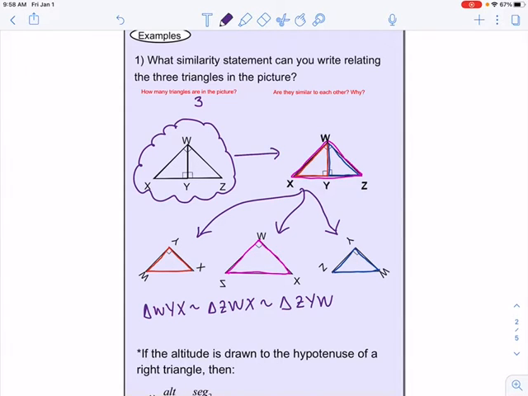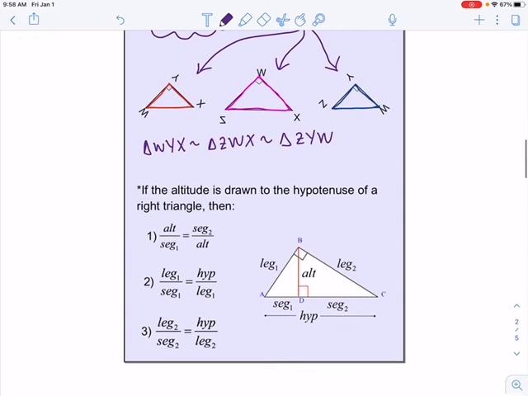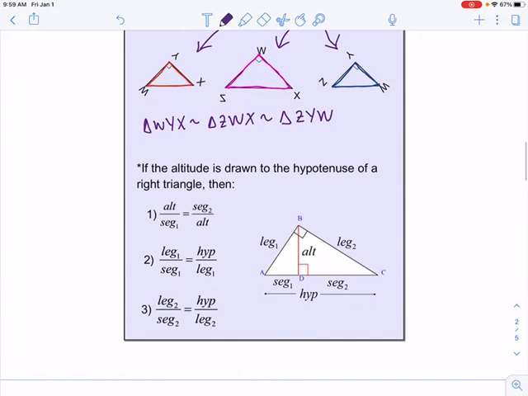If all those triangles are similar to each other, we can write proportions to relate their sides, because corresponding sides of similar figures are in proportion. They're going to form two fractions that equal each other. Very specifically, when we're talking about a right triangle where the altitude is drawn to the hypotenuse, here are my corresponding sides, all in proportion.